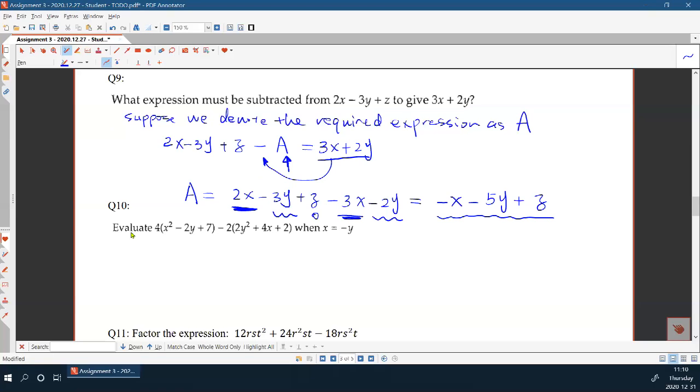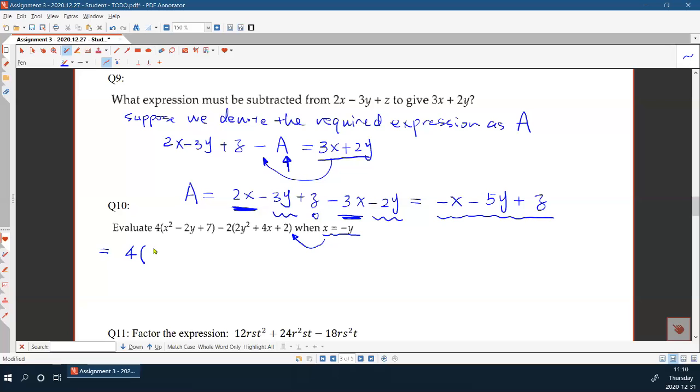Okay, let's see the next one. Evaluate the expression here when x equals minus y. All you need to do is to put this into the original expression and then try to simplify that. So if we put x is minus y into the original expression, we have 4.